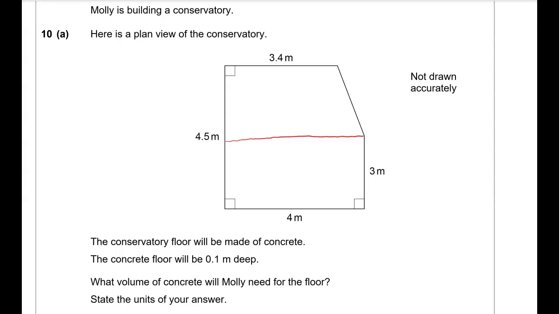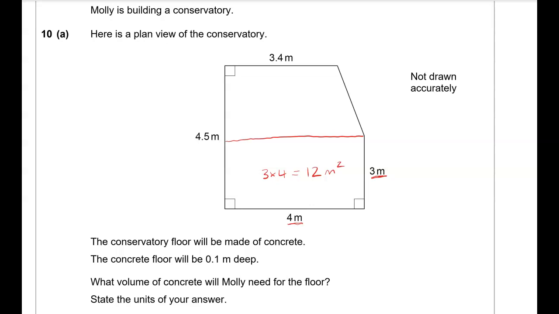We've got width being 3 meters and length 4, so we can do 3 times 4 to give us 12 square meters for this. Now we've got this other shape, which is the trapezium.